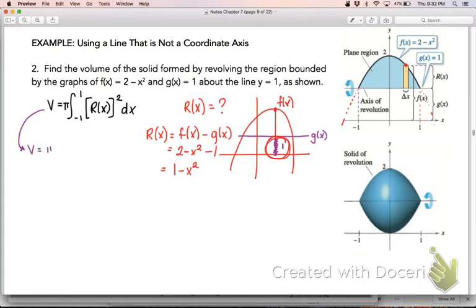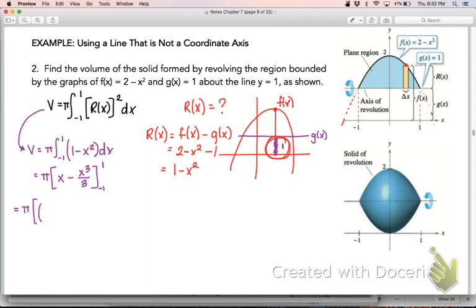The volume is going to be equal to pi times the integral from -1 to 1 of 1 minus x squared dx. So this gives us pi times x minus x cubed over 3 from -1 to 1. You can work this out in your calculator.